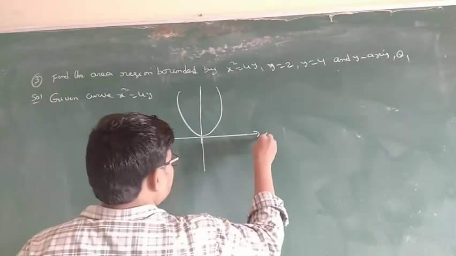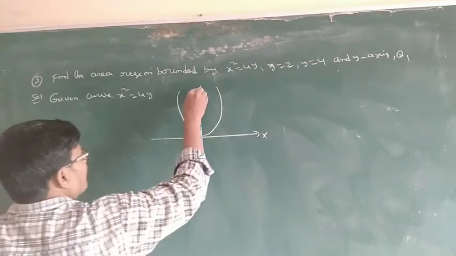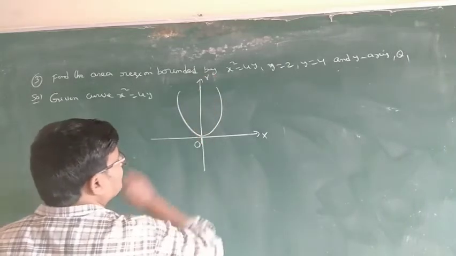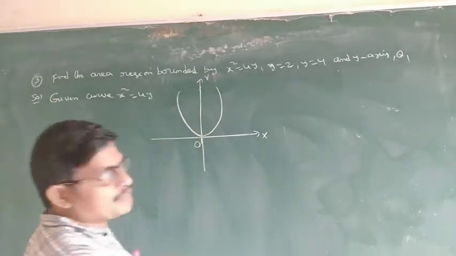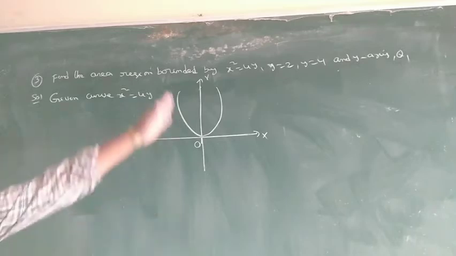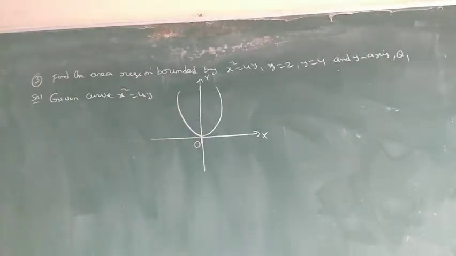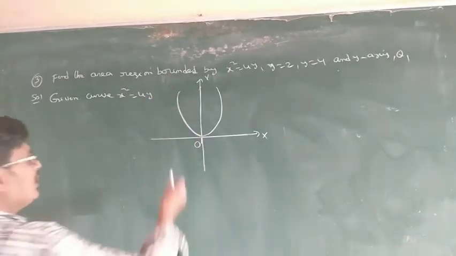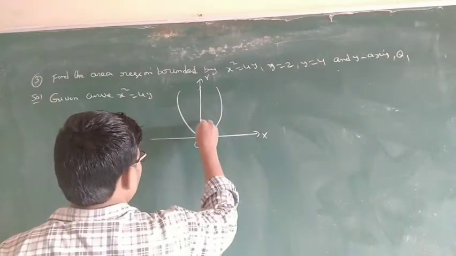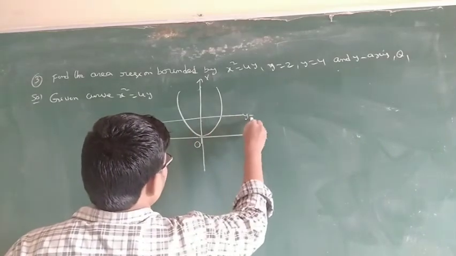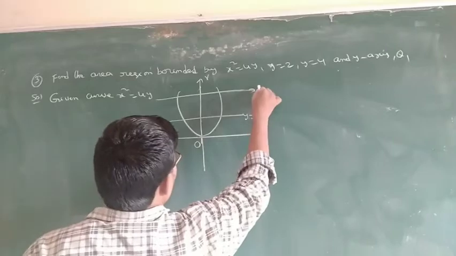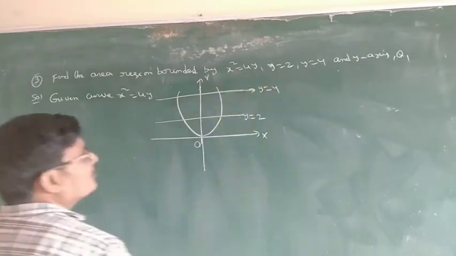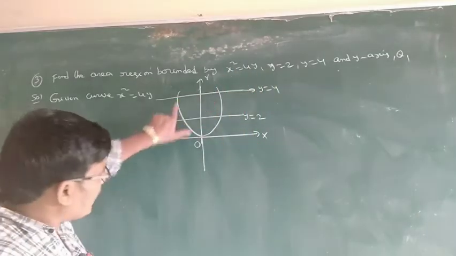So this is the x-axis, y-axis, origin 0. x is equal to a means parallel to the y-axis, y is equal to a means parallel to the x-axis. This is 0, 1, 2. This is y is equal to 2. This is y is equal to 4. So the parabola.